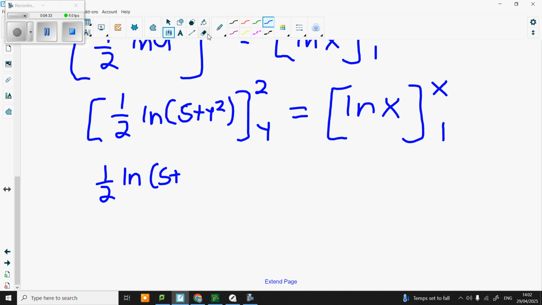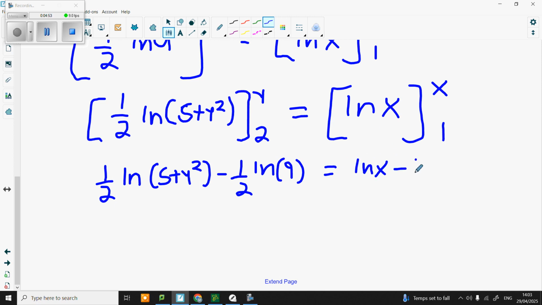Oh, sorry, it's the top one take away the bottom one, isn't it? That's upside down, isn't it? Yeah. So it should be 2 on the bottom and y on top, minus a half ln, would you agree it's half ln 9? And then equals ln x minus ln 1. What is ln 1? 0.